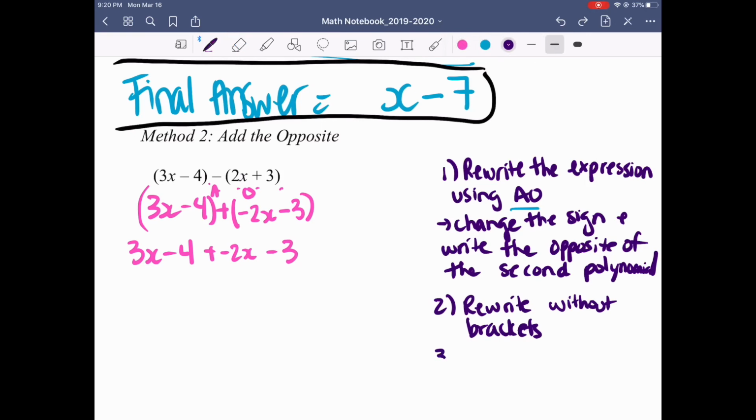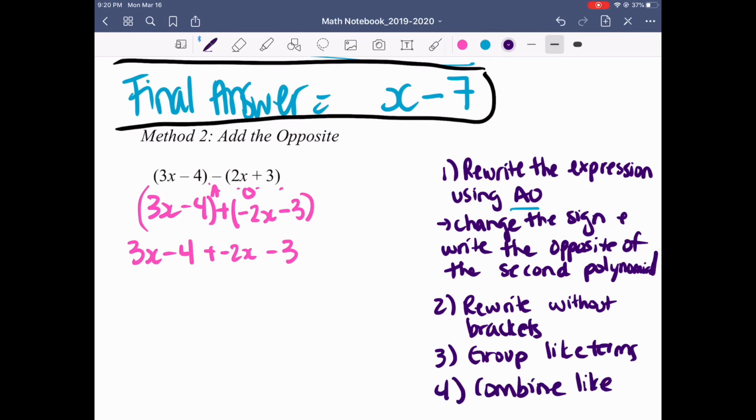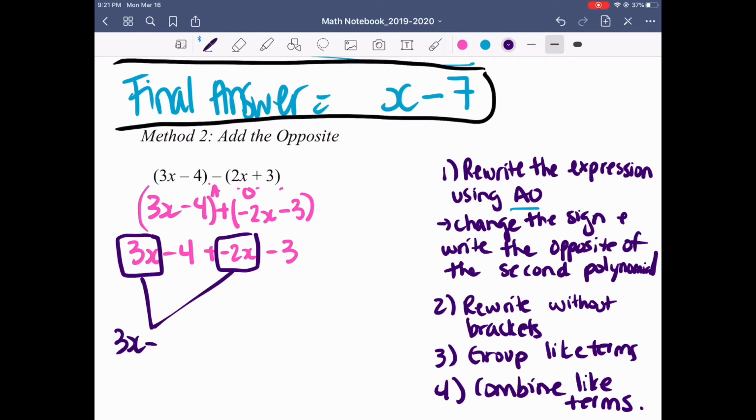Step 3, we are going to do what we did with addition: group the like terms and then combine the like terms. I have 3x with negative 2x. 3x minus 2x, or 3x plus negative 2x, they're the same thing.